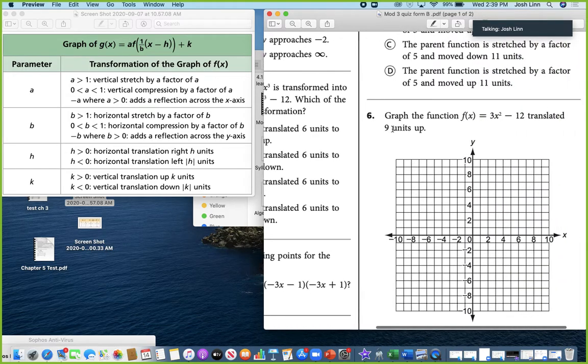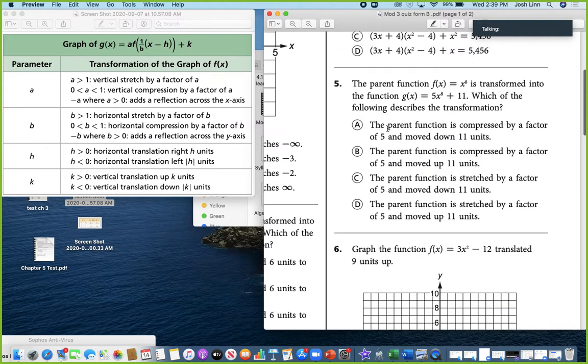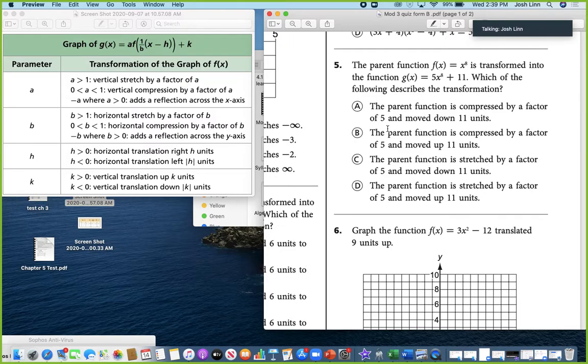Then if we go over to number 5, it's similar but still different. The parent function f of x equals x to the 8th is transformed into the function this right here. Which of the following describes the transformation? So again, let's break this down. If we have f of x, how do we make f of x equal this new function?